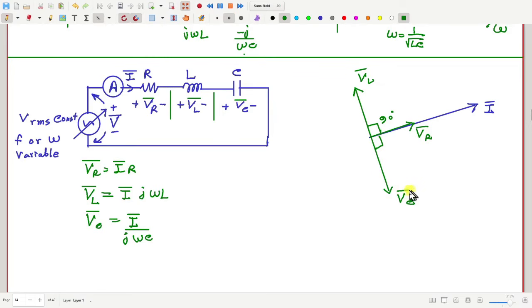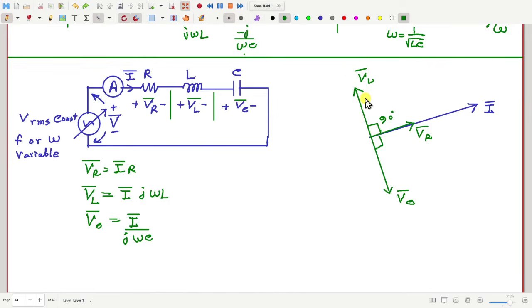Now, depending on the frequency, the length of VL and VC may change. If I increase frequency, then VL will increase, but VC will decrease. But if I now decrease the frequency, then VC will increase and VL will decrease.